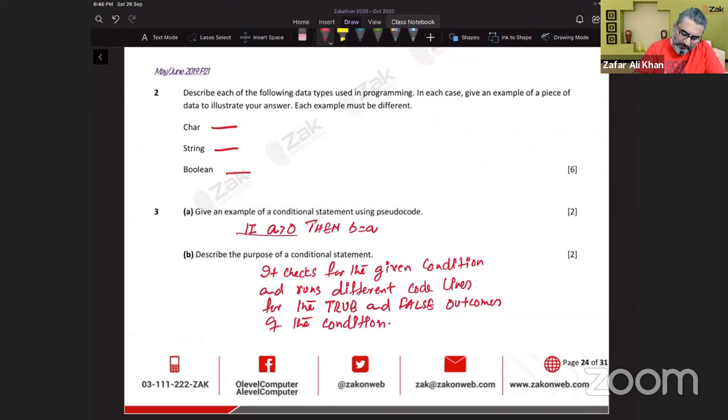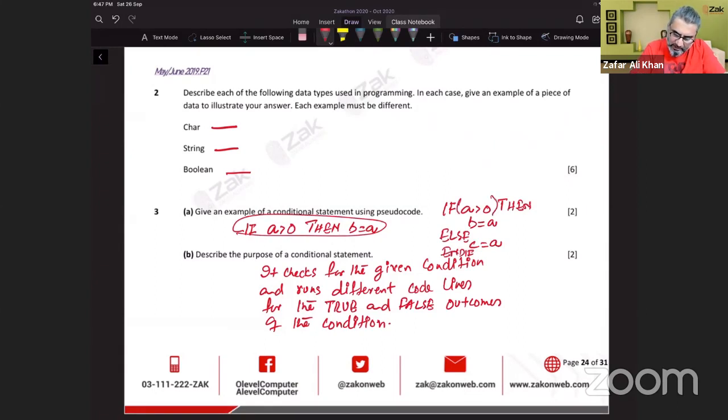All right, so you better rewrite it like if A is greater than 0, then B is equal to A, else C is equal to A, end if. Now this fits.